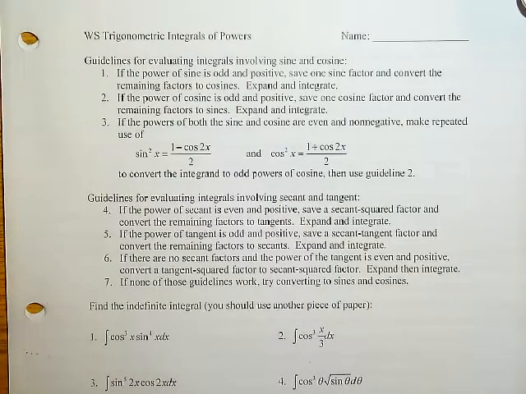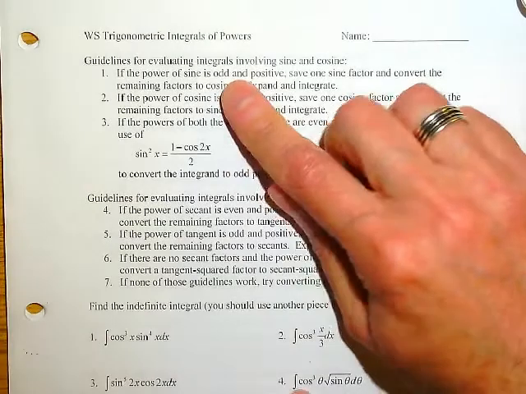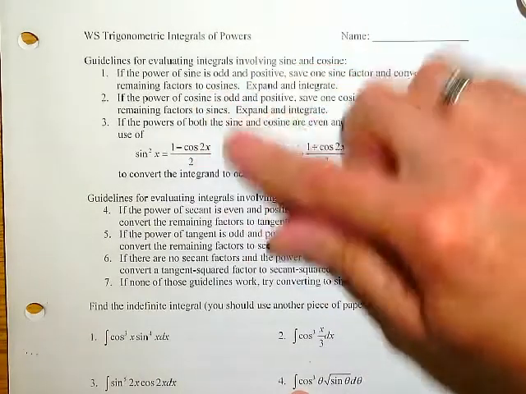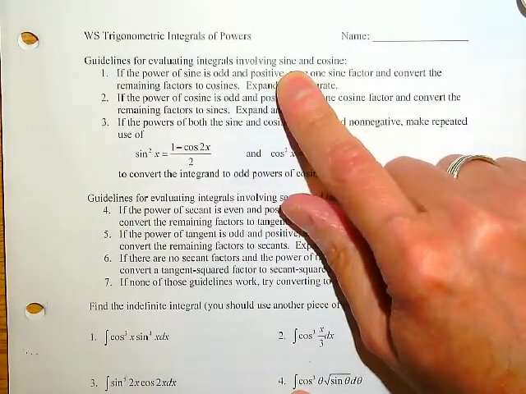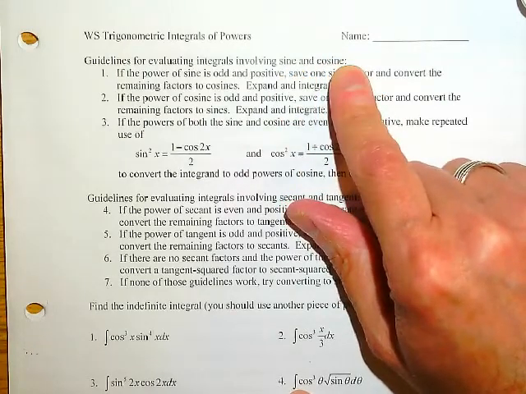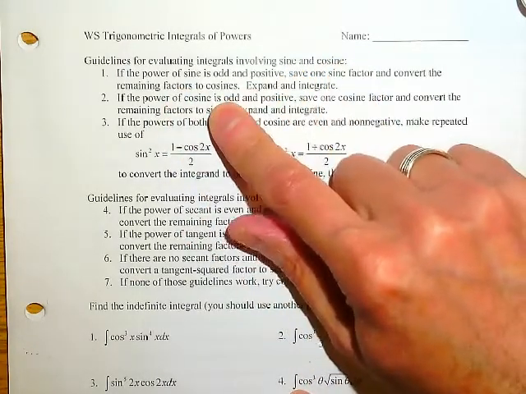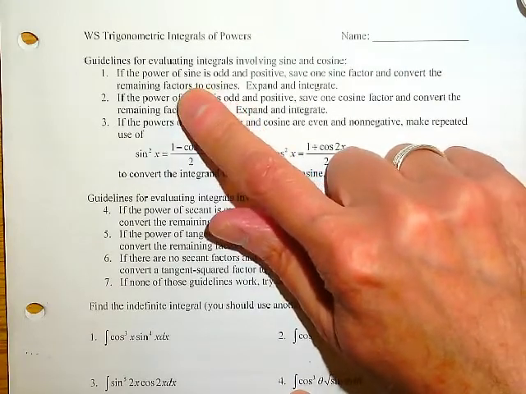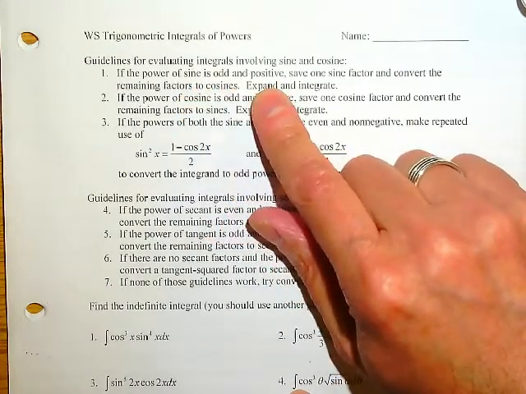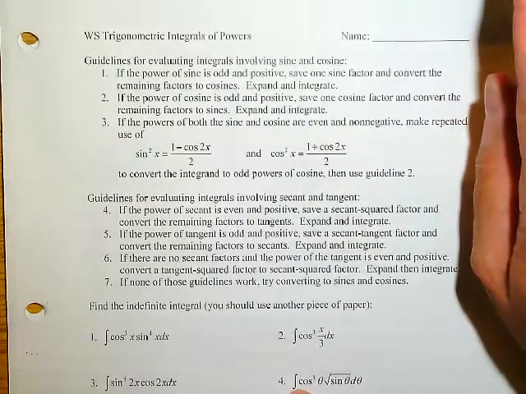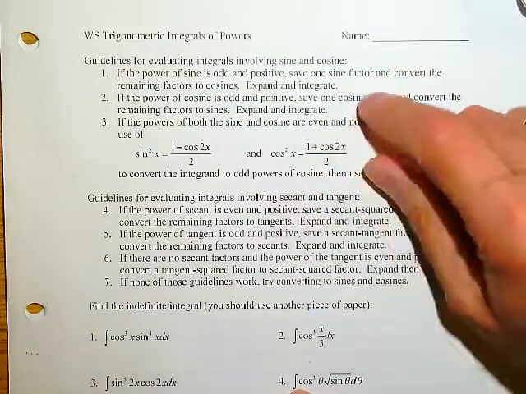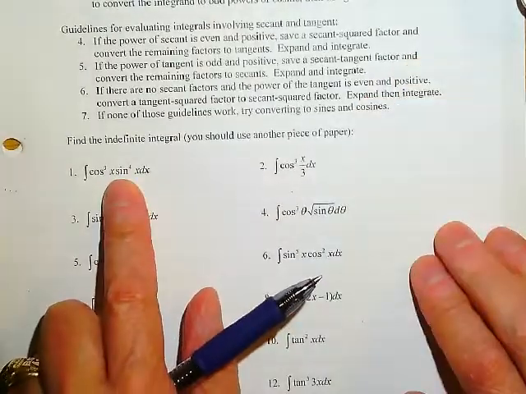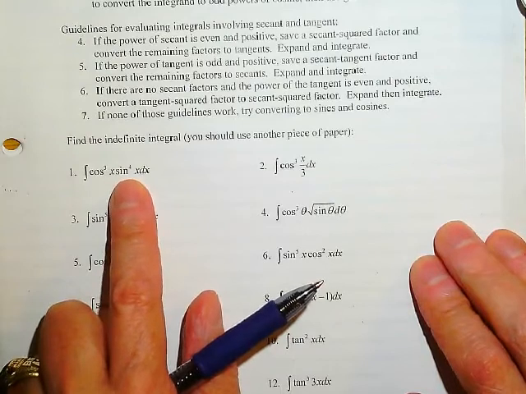We'll keep going. The first chunk here, first 3, I guess, rules apply with integrals involving powers of sines and cosines. And I'll go through the rules and we'll see these as we see examples. If the power of sine is odd and positive, we're going to save one of those sines as a factor because we've got, for example, number 1, cosine to the 3rd times sine to the 4th.